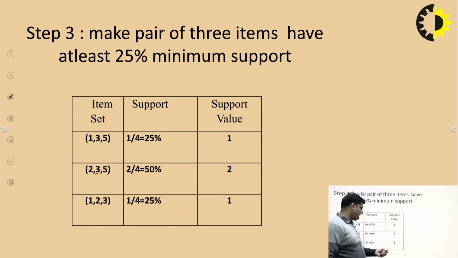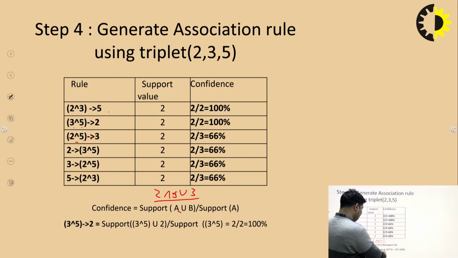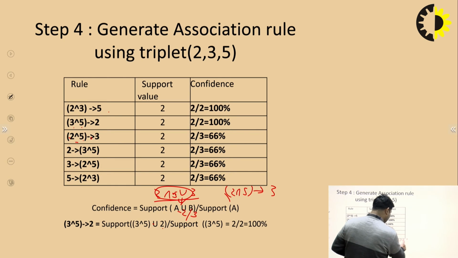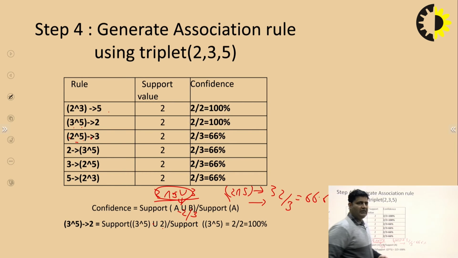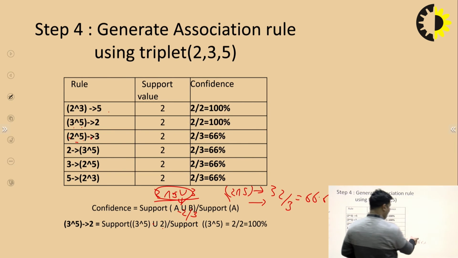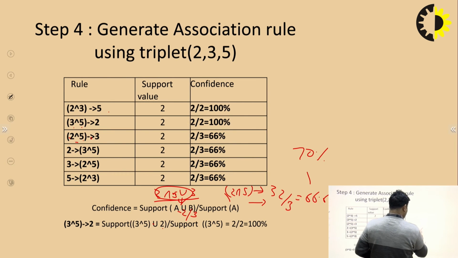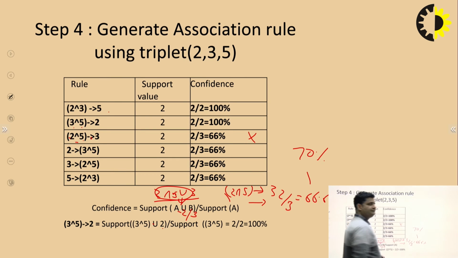So if we divide, this answer comes from this value, which is 2, divided by the support of 3. This is the 2 union 5. They mention the support value 3. If we divide 2 by 3, the answer is this one. Initially we mentioned the minimum support is 70%. So we do not take this item in the pair. Same way, we check this one.